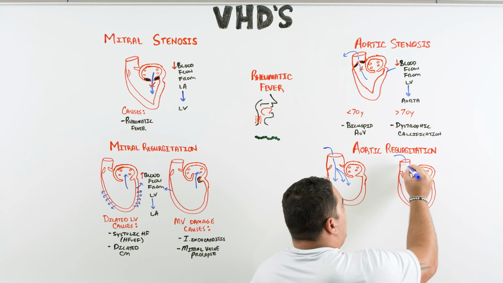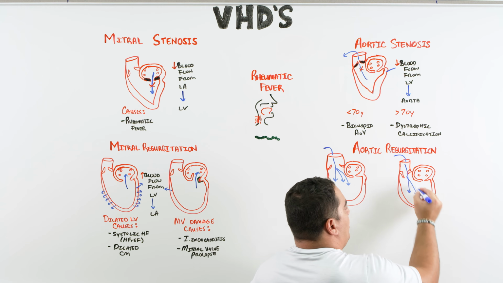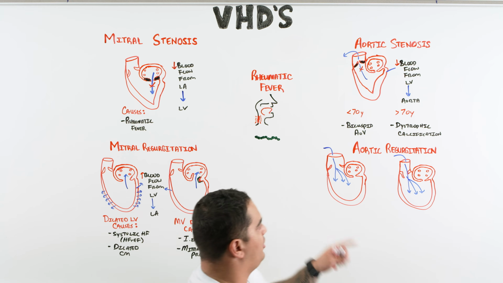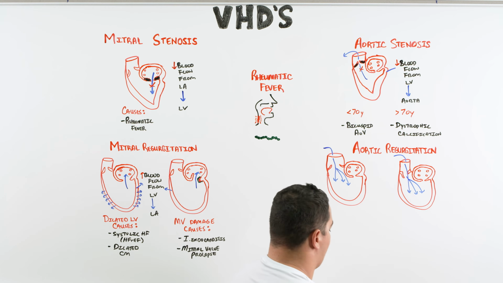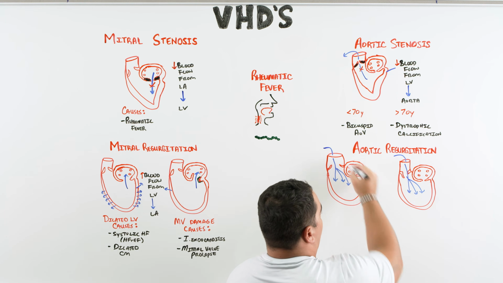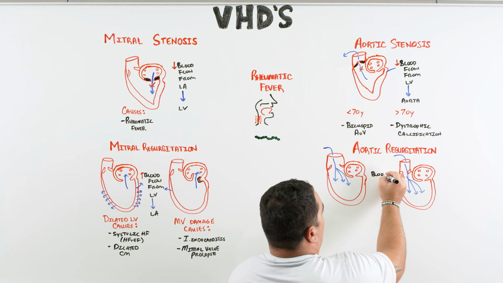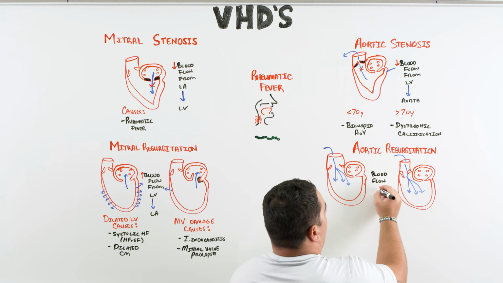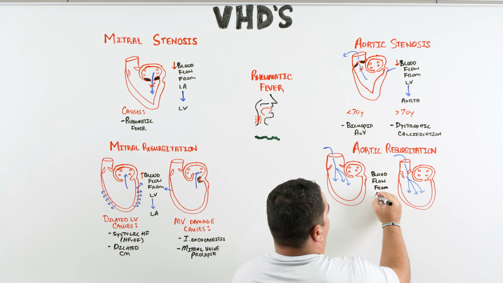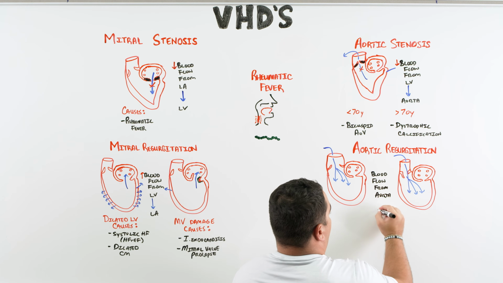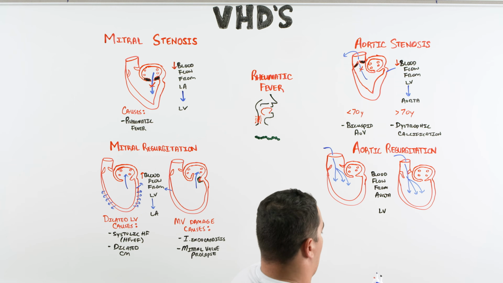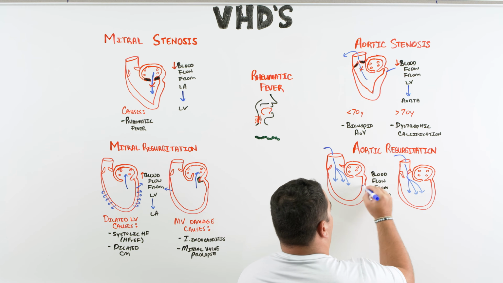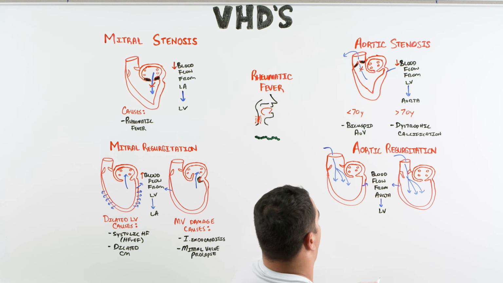That's the correct terminology. So again, with these particular scenarios, what's the pathophysiological process? There is an increase in blood flow from the aorta to the left ventricle. And that is the pathophysiological process that I want you guys to understand.